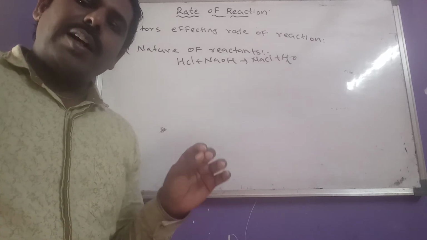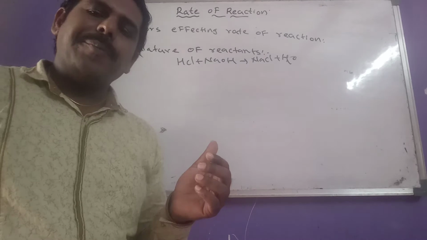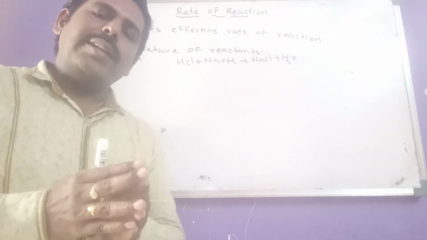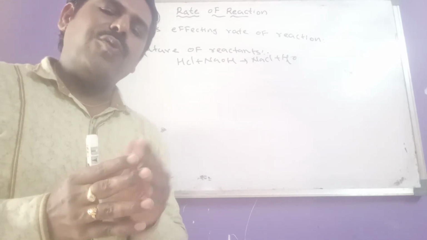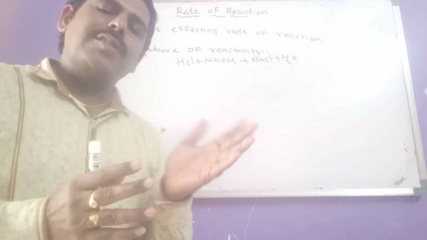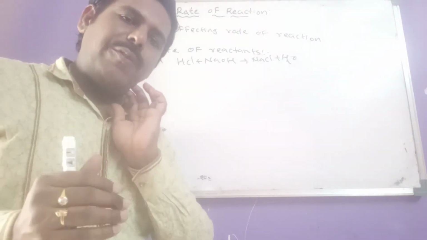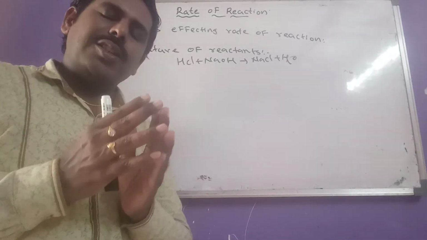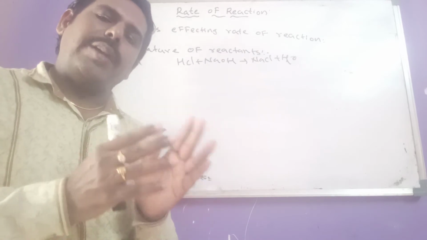But covalent reactions occur at a slow rate. Why? Because in covalent reactions, cleavage and formation of bonds take place. That means old bonds are to be cleaved and new bonds are to be formed. That's why these covalent reactions occur at a slow rate.